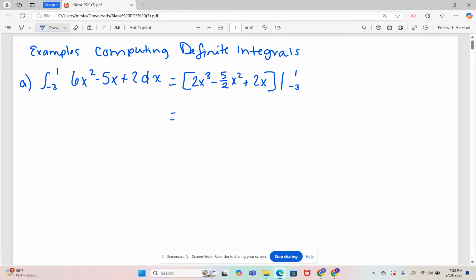So applying the fundamental theorem of calculus part 2, that means we take the antiderivative and substitute the 1 and subtract that from the antiderivative, substituting in the -3. So I'm going to show that quickly. Just substitute in, then substitute in for the lower limit.